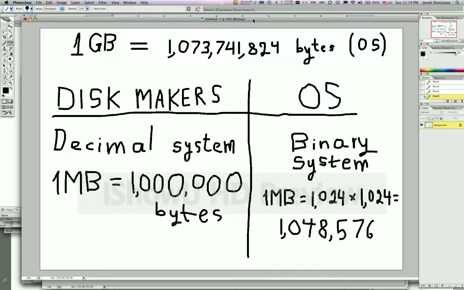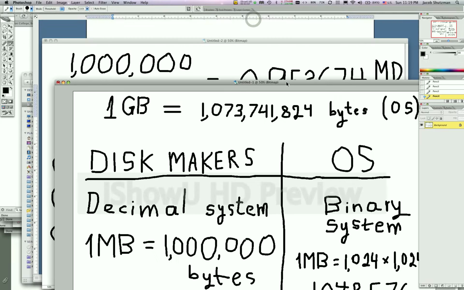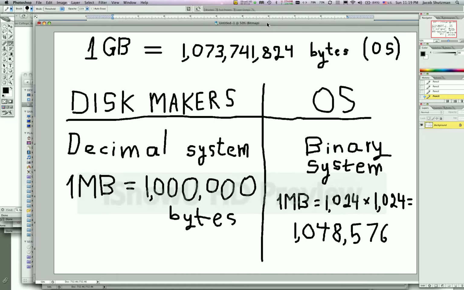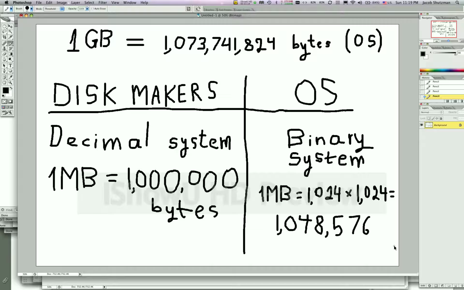Remember, I said that the computer can count in binary and we count in decimal. So what happens is the disk makers produce disks and they give us the size of the disk in the decimal system.